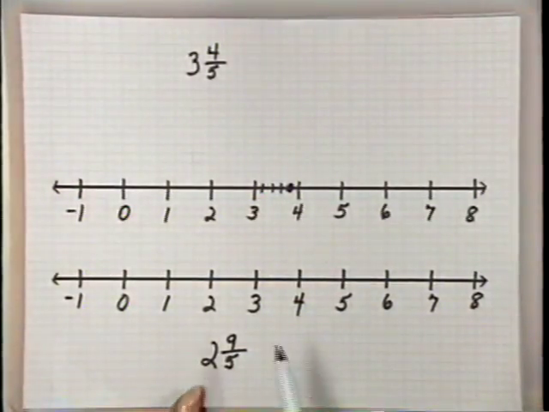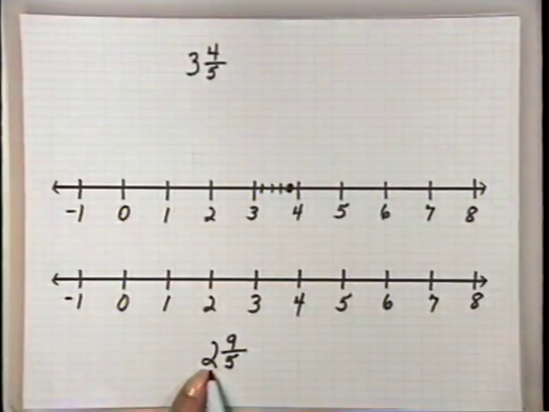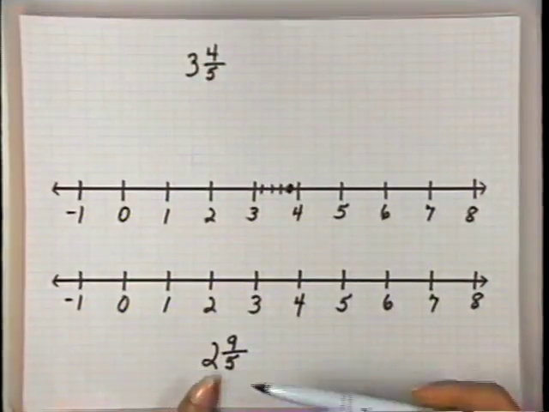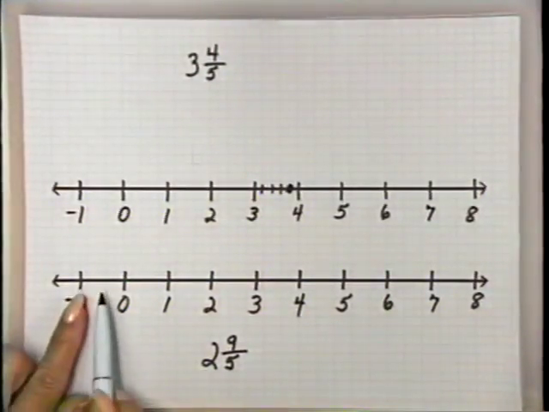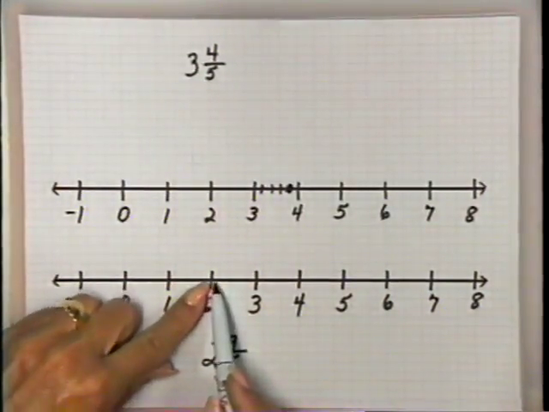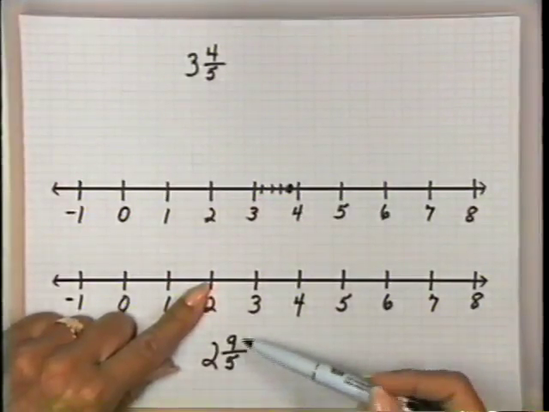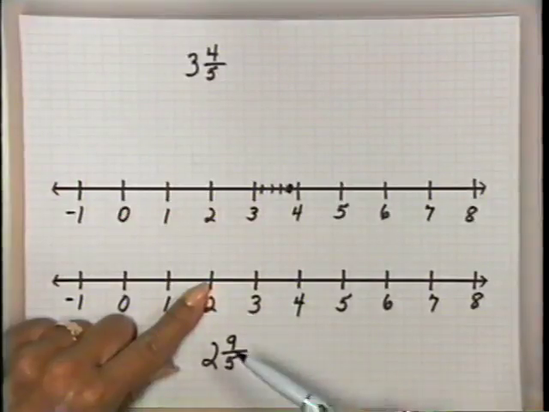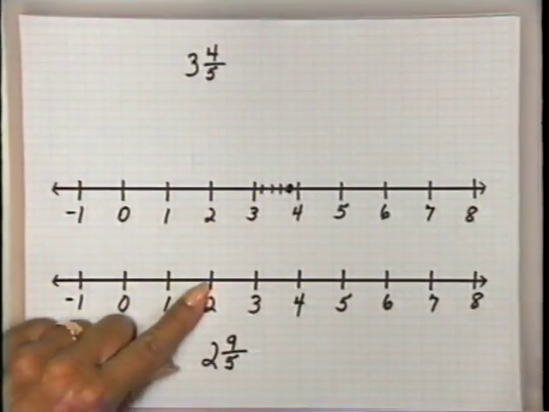Now for this mixed number, I have a whole number 2 and a fractional part 9/5. Well, let's find the whole number 2 on the number line. And now I need to add to this 2, or I need to move to the right 9/5 units.